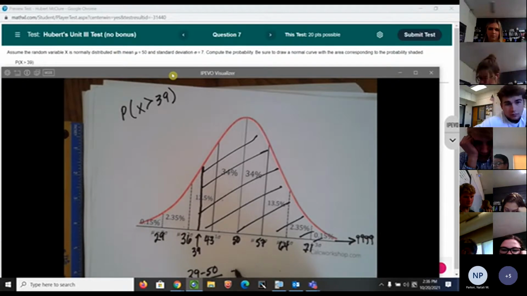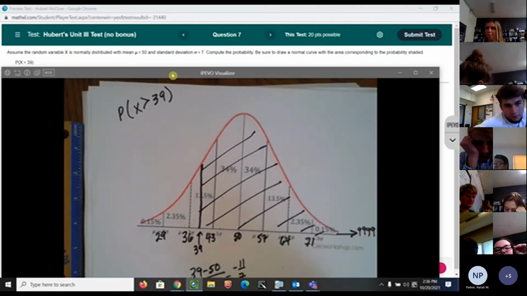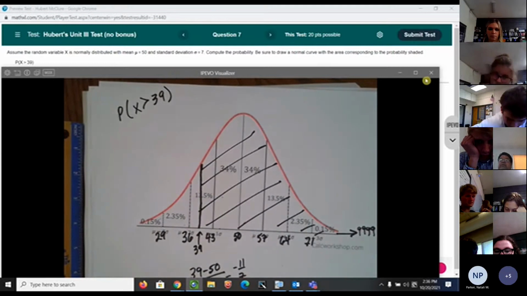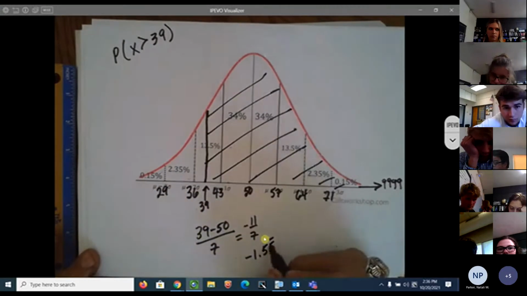Y'all check me. And 11 will go in there once. And that'll leave what? 40. And 7 will go into 45 times. I get 1.55 repeating, but somebody check me. What is 11 divided by 7? 1.57. 1.57, thank you.